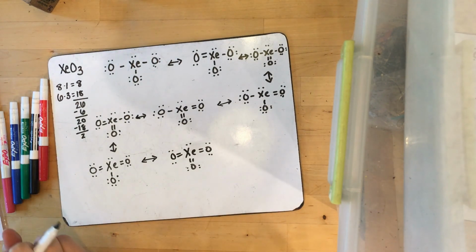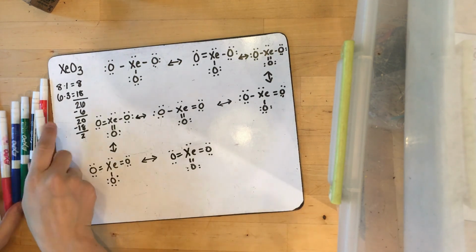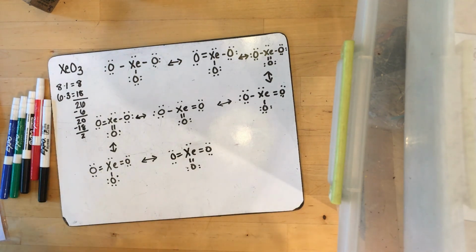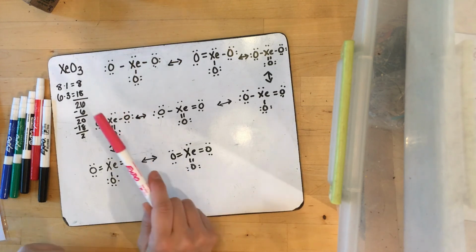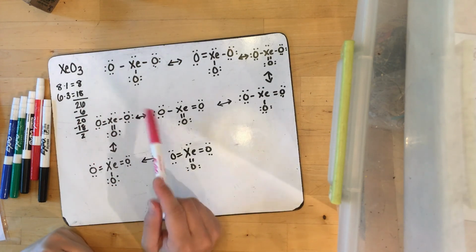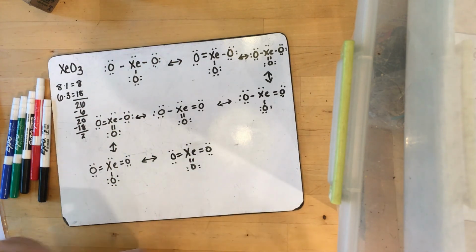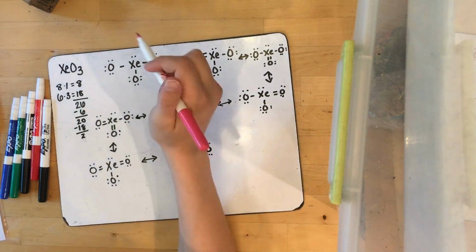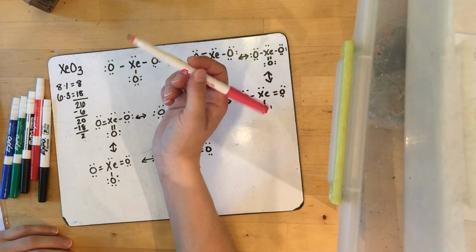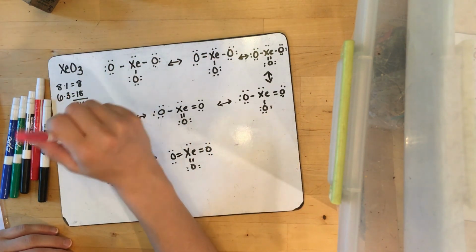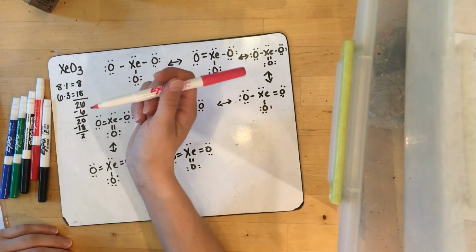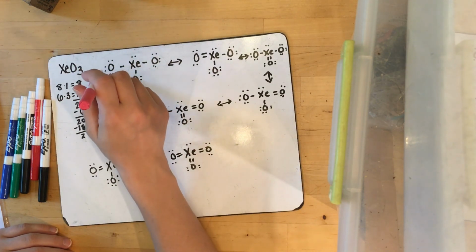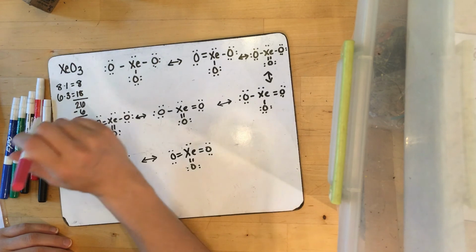All right, so how do we know which one is the best? In order to figure that out, we need to go through and check our formal charges on each element. Remember that we want formal charges that are as close to 0 as possible. So starting at this first one, we take the number of valence electrons that the atom had originally, and we subtract 1 for each dot and 1 for each line.